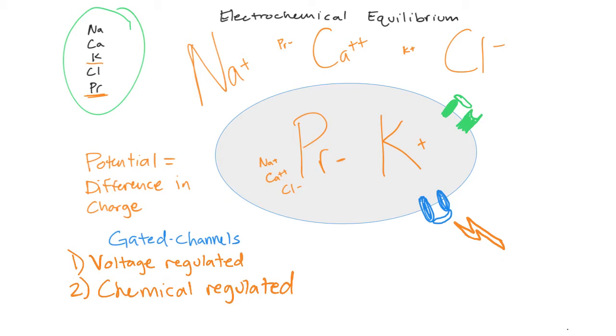So you have some chemical which binds here, and the binding of that chemical causes it to open. Generally, this is a neurotransmitter. With our neurons, it is a neurotransmitter. At the neuromuscular junction, it was a neurotransmitter, acetylcholine.